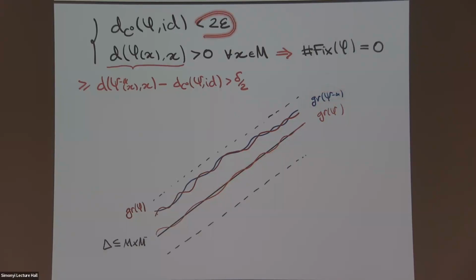But this means that we have control over its C0 size because it's composing two C0 small symplectic paths. Is that okay? So in this case, we built a Hamiltonian diffeomorphism, which is C0 small and has no fixed points, because we're assuming there is an accumulation point and that the representative has no zeros.